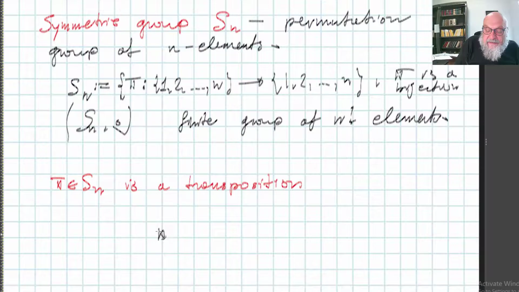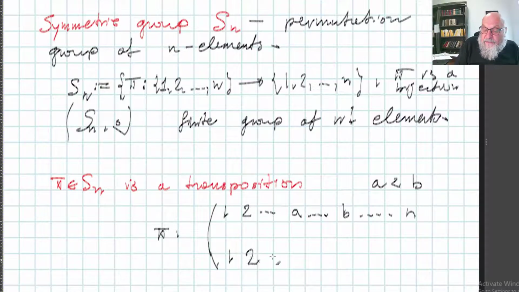So if this pi can be represented as follows, you have, for example, 1, 2, and so on, then you have here A and B, two numbers, where A is smaller than B, and then it goes to N. Then you can write this as 1, 2, and again A, this will be B, and this is N. So your bijection is mapping 1 to 1, 2 to 2, but it makes one switch.